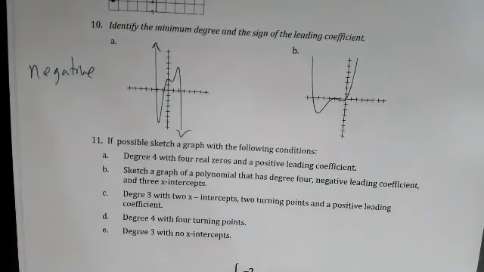And if we want to identify the minimum degree, how would we get that? So there's a minimum and a maximum degree, correct? Or is there just a minimum degree based off of the picture? There's just a minimum degree, based off of your turning points is what you should be counting, right?